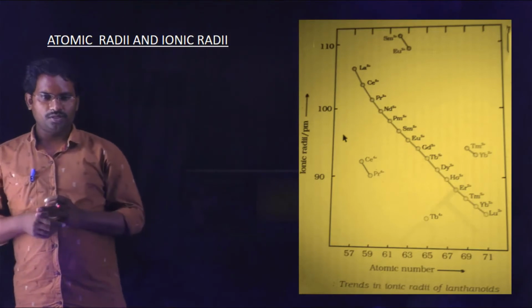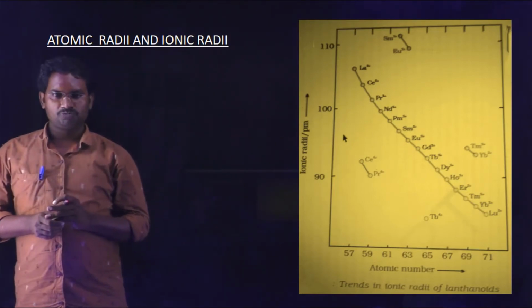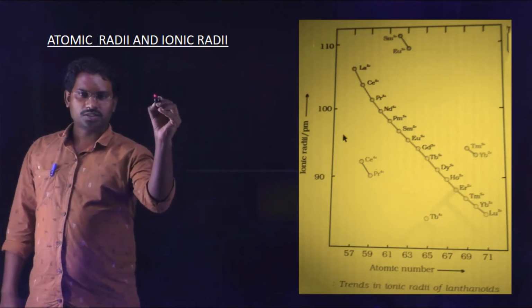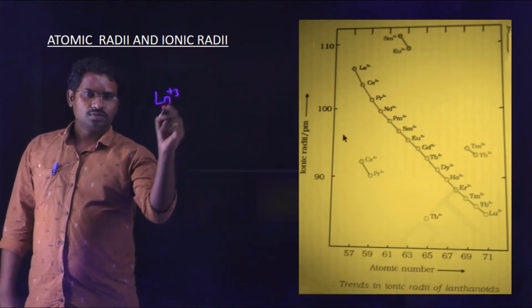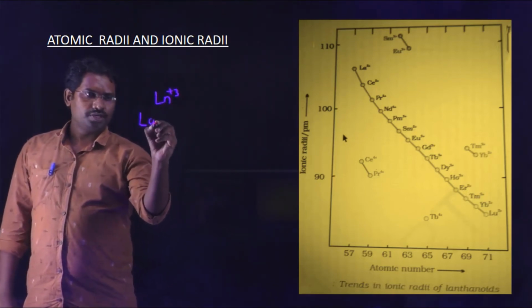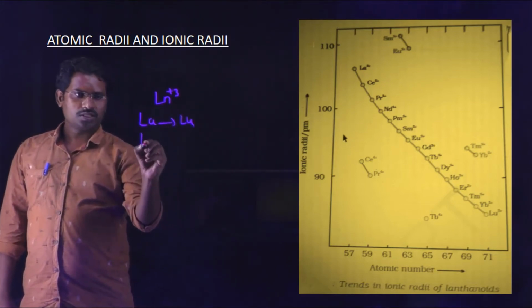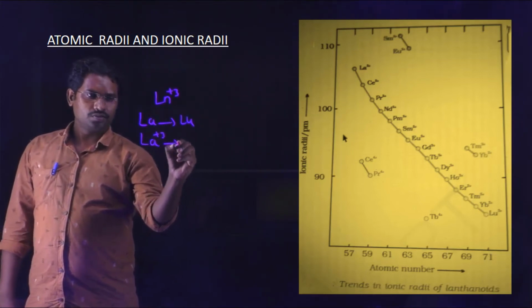The next property is atomic radii and ionic radii. Lanthanoids have a stable oxidation state, which we know is +3. From lanthanum to lutetium, we have to look at the graph of their atomic radii and ionic radii with +3.